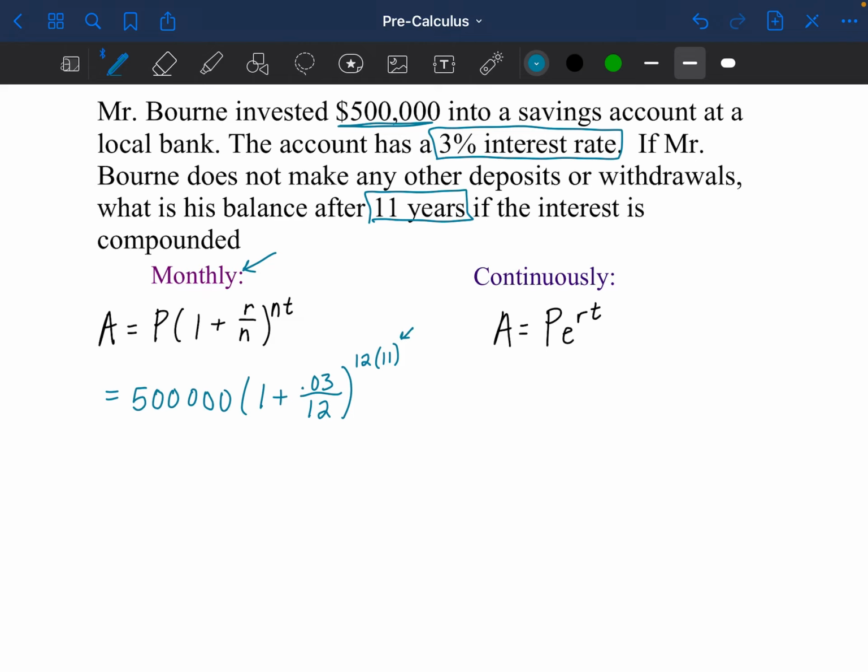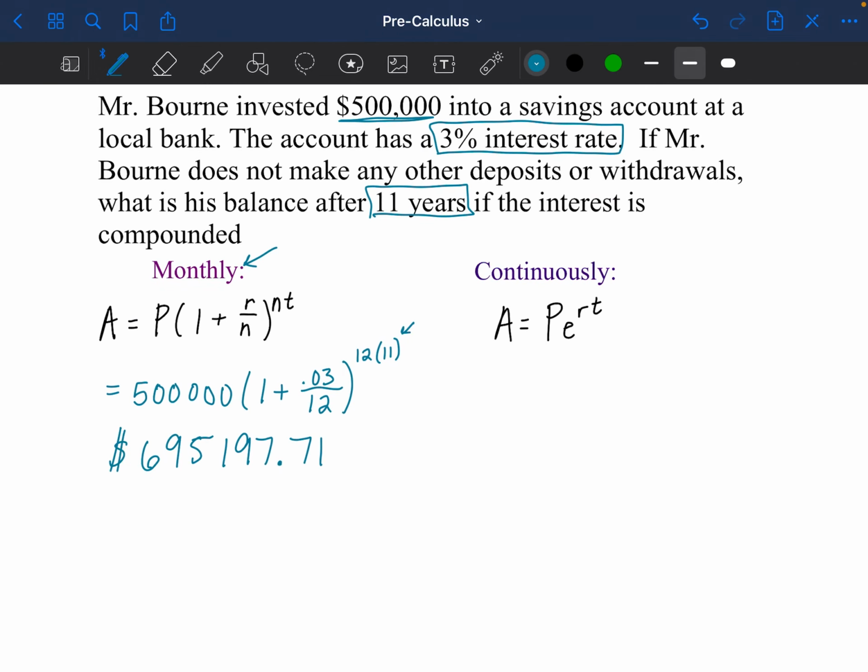And we get 695,197.713, but we're doing this in money, so we're going to leave it like so. $695,197.71. That's how much money he got just from putting his $500,000 into this account and just letting the interest do its thing.